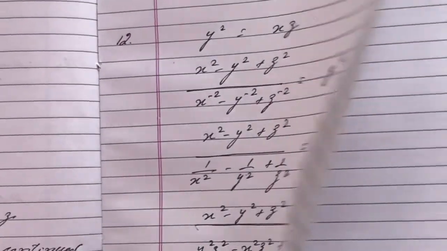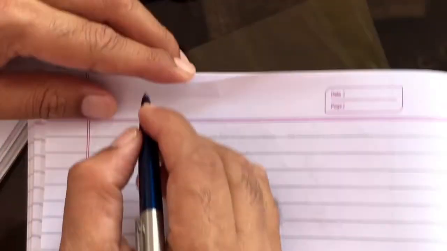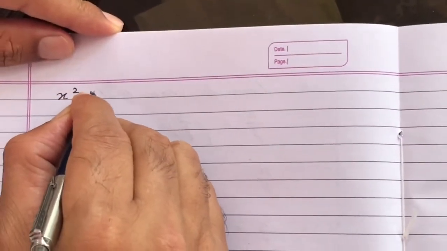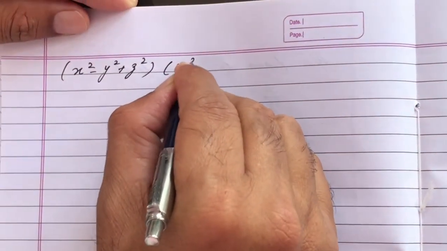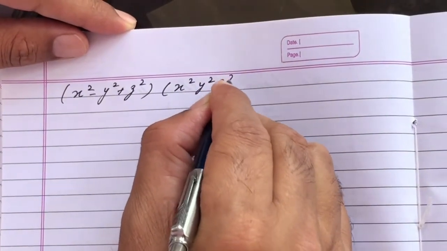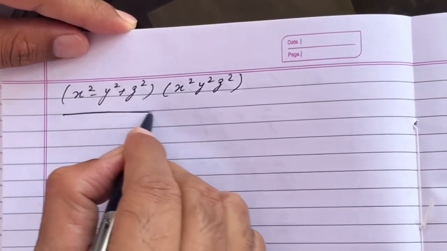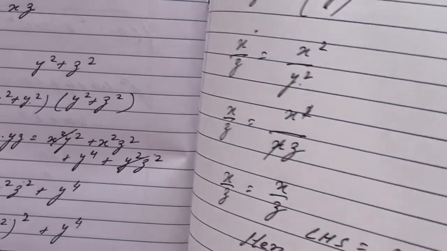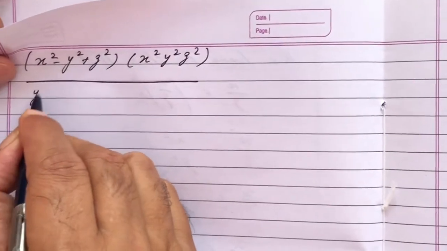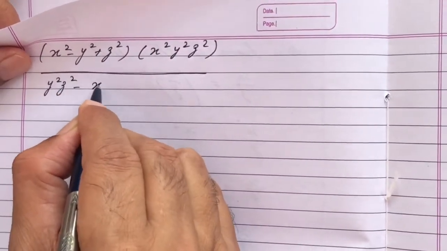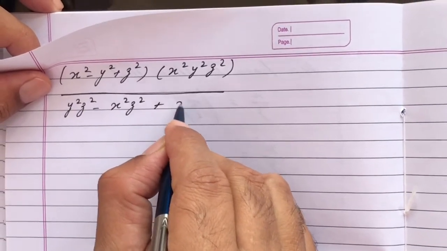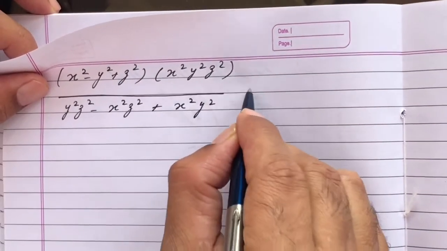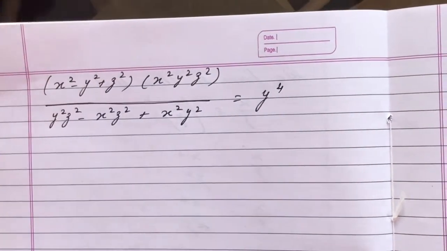So (x square minus y square plus z square) into x square y square z square upon (y square z square plus x square z square plus x square y square) is y4.